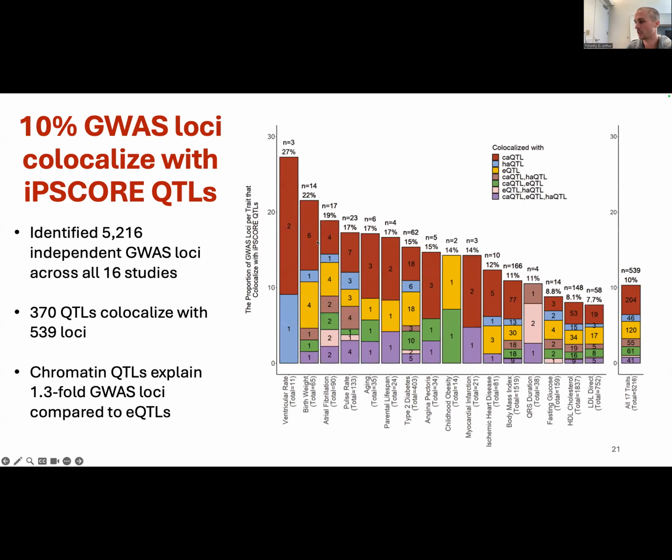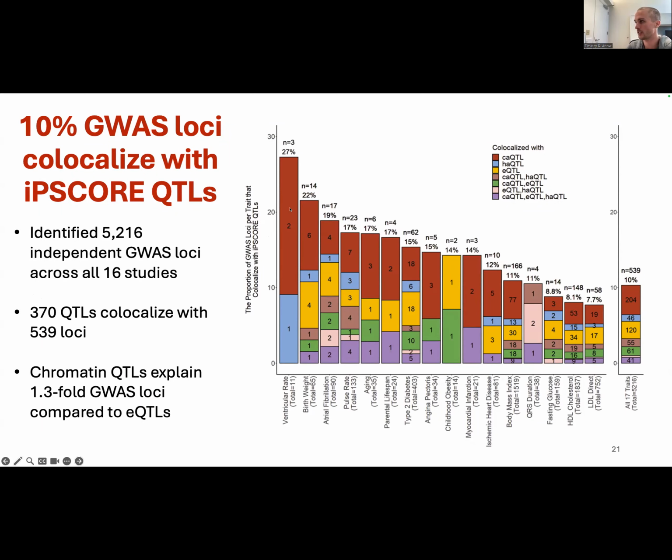So here we show the number of GWAS loci that are co-localized with these different QTLs. We first calculated the independence of GWAS loci within a given trait and identified 5,200 independent loci across all 16 studies. And we determined whether or not these loci were co-localized with a QTL from our study, and identified about 10% of them were associated with an iPSCORE QTL.